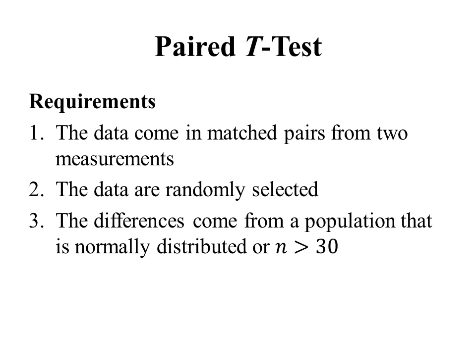Number two, the data are randomly selected. That's always a requirement. And then third is that the differences come from a population that's normally distributed, or n is bigger than 30. Now in this case, n is only 9, so we don't meet this part of the requirement. And so we're going to assume that our differences have a normal distribution.